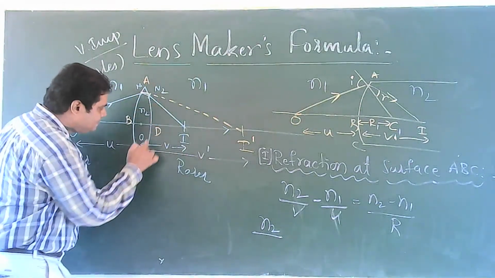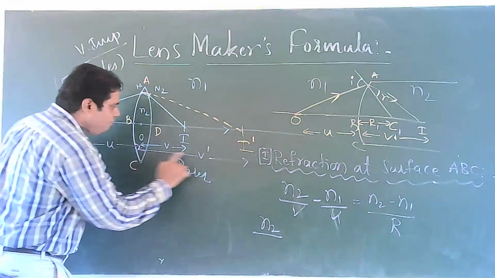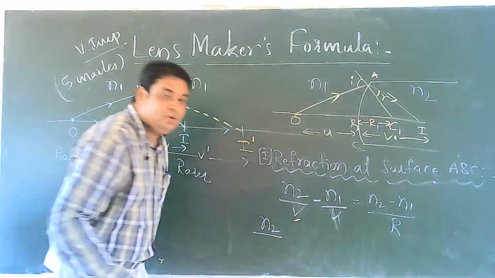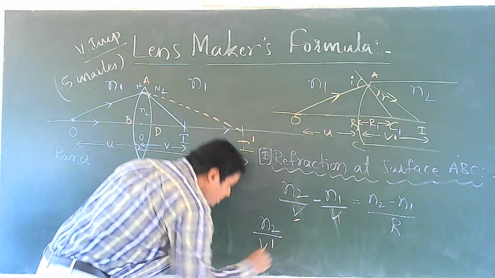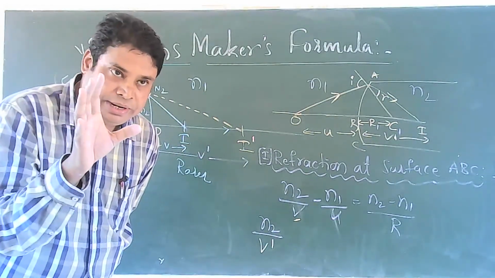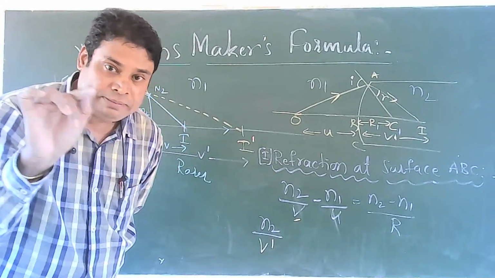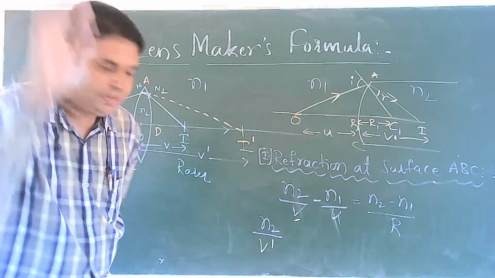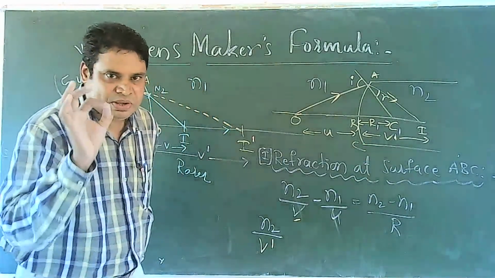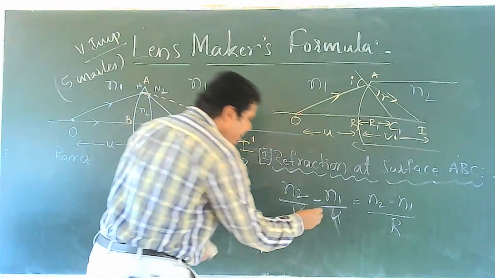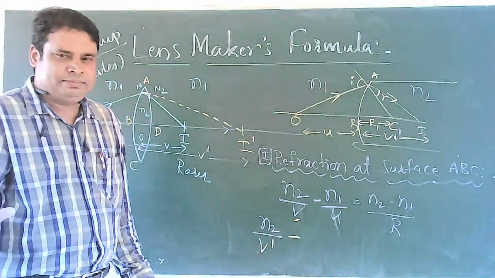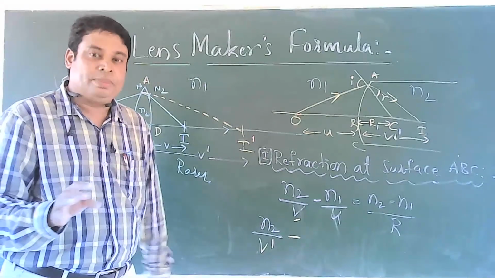See, in the absence of second surface, v dash is the image distance. So, in the place of v, we are supposed to write v dash. Why? Because formula is refractive index of image space divided by image distance. Here image distance is v dash. In this case, image distance is v dash, minus. I will just use this formula only. No sign convention, nothing.